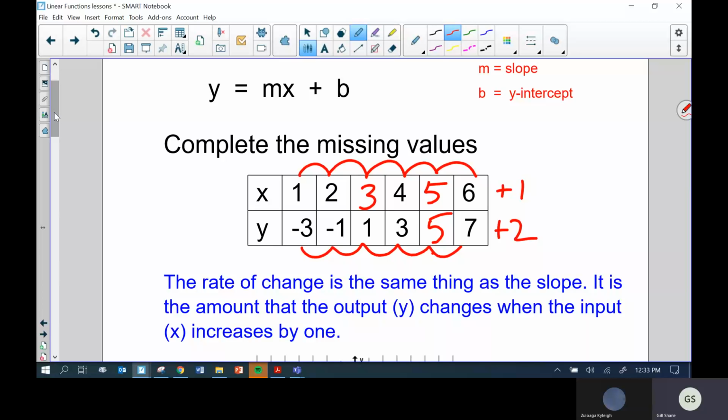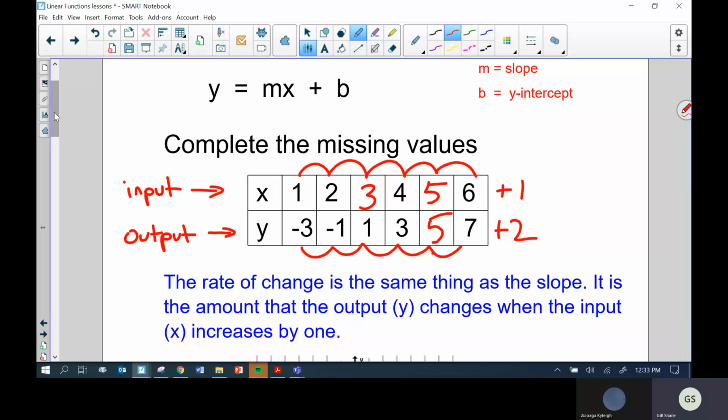So the rate of change, which again, same thing as a slope, it's the amount that the output changes. So we've said many times, output is your y value. So it's the amount that the output changes, the pattern basically, every time our input changes by 1.